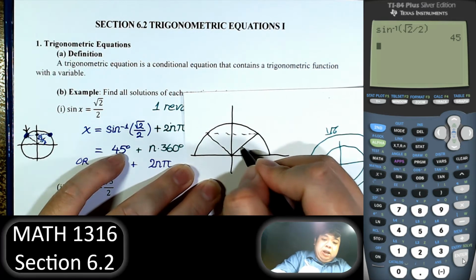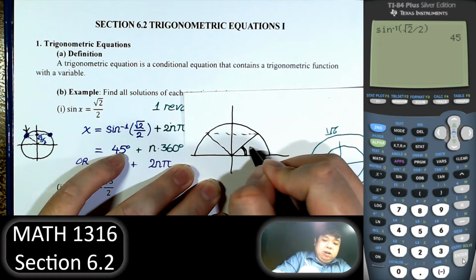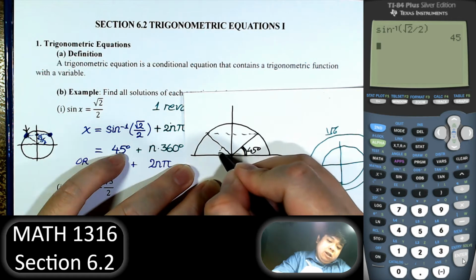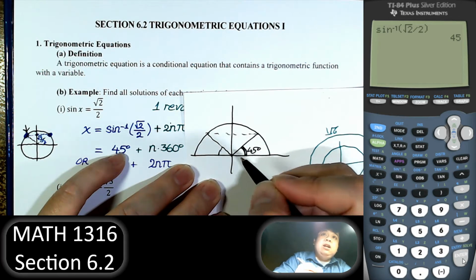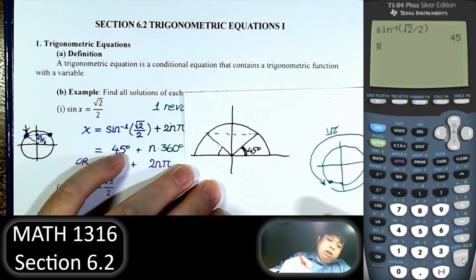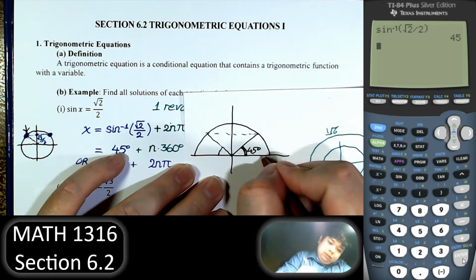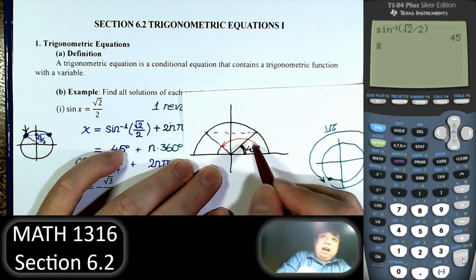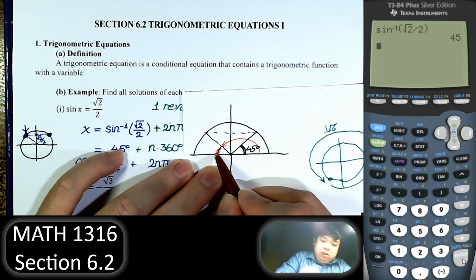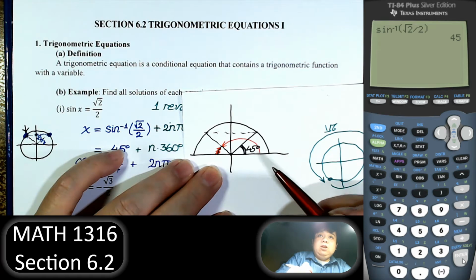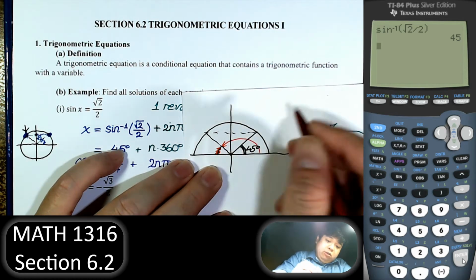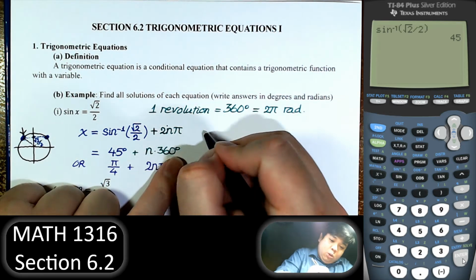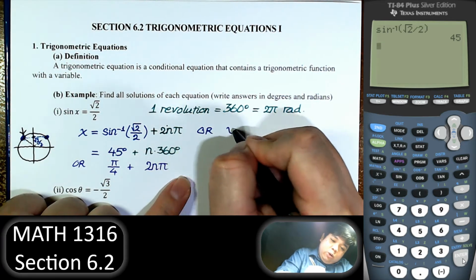If we have here an angle, say 45 degrees in this case, then this is also 45 degrees. And if we want this angle, 180 degrees is half a revolution, we take out 45 degrees here. So that gives us 180 minus 45 degrees. So this is one way to write the answer.